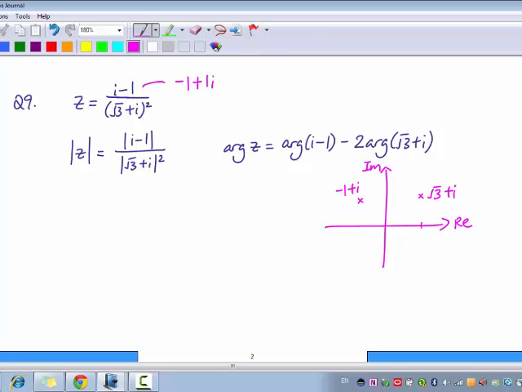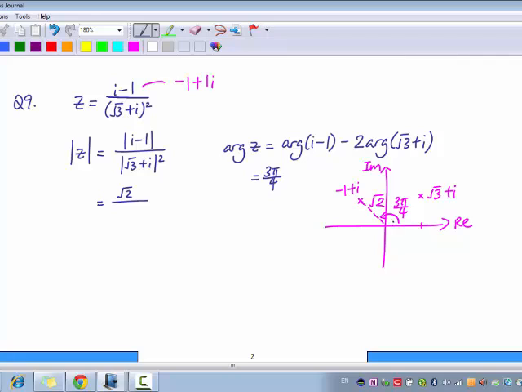So for negative 1 plus i, it has modulus square root 2 by Pythagoras theorem. And arguments we can work out to be 3 pi over 4.